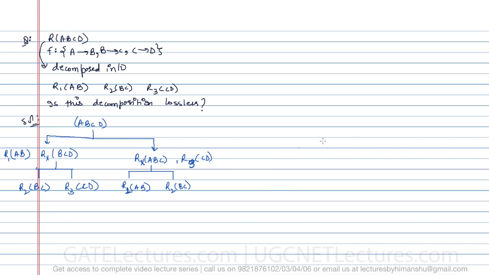Okay, and when can you say that a decomposition is lossless? The decomposition is lossless if and only if R1 natural join R2 natural join R3 is equal to R. If this happens, then we can say that the decomposition is lossless.